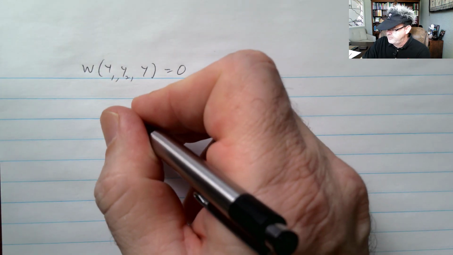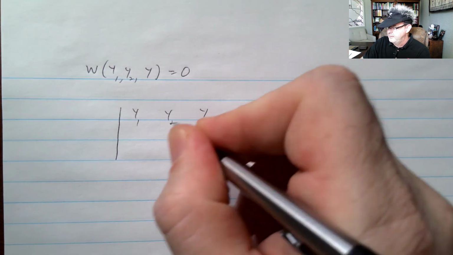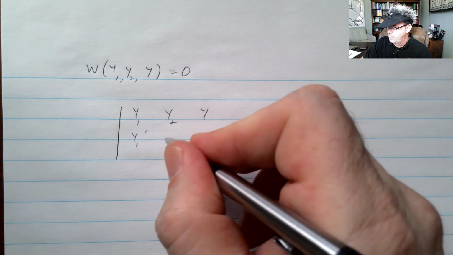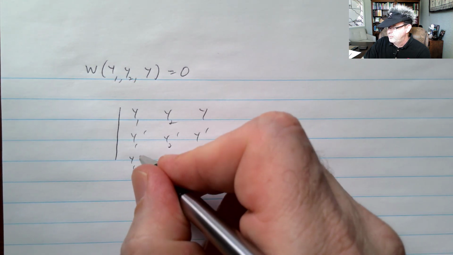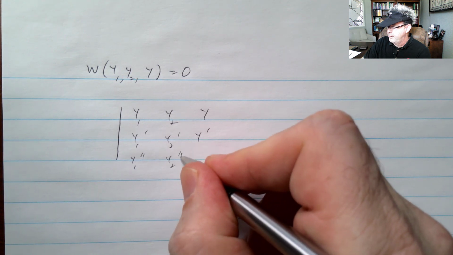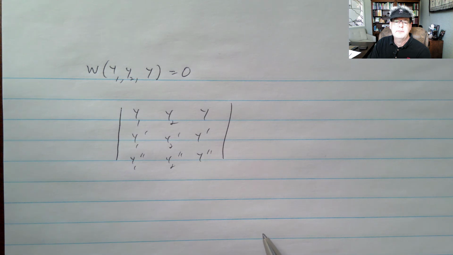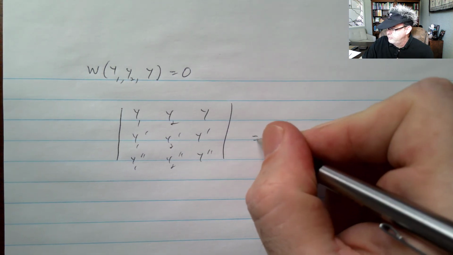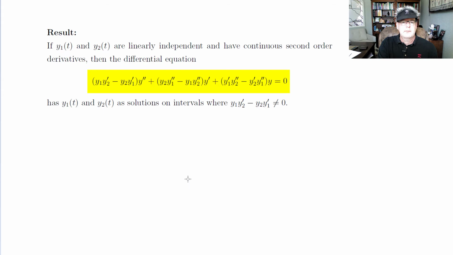In other words, if you do y1, y2, y, and then y1 prime, y2 prime, y prime, y1 double prime, y2 double prime, y double prime. So if you take this determinant and put that equal to 0, you're going to get the exact same thing that I had, namely this.